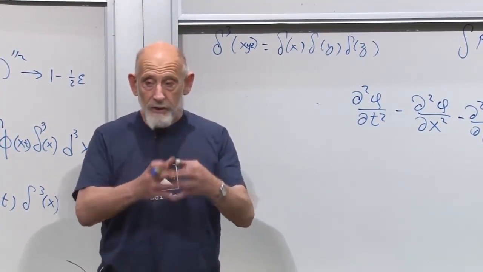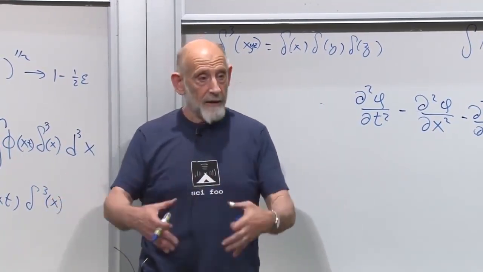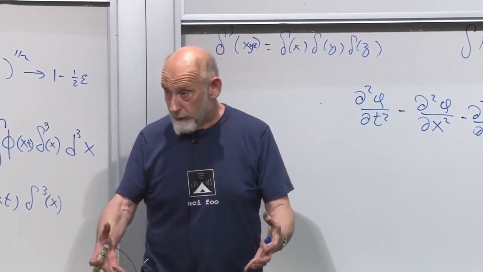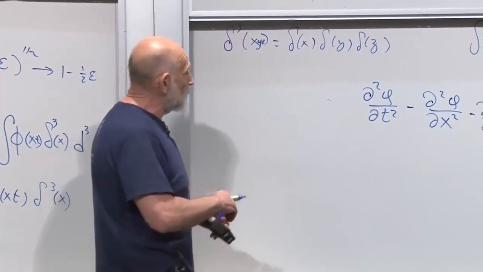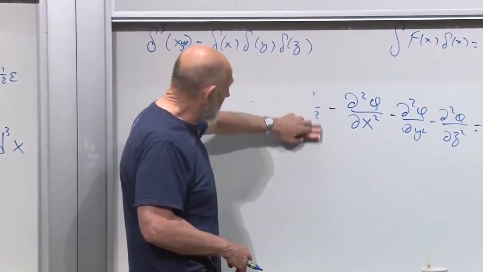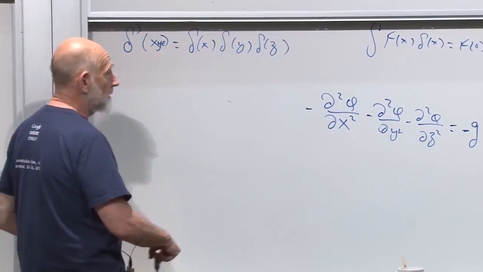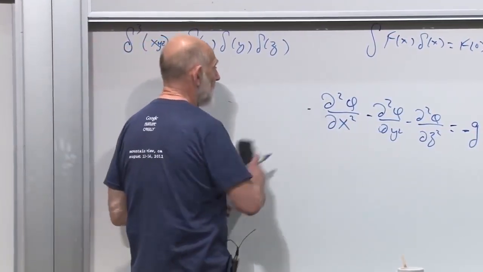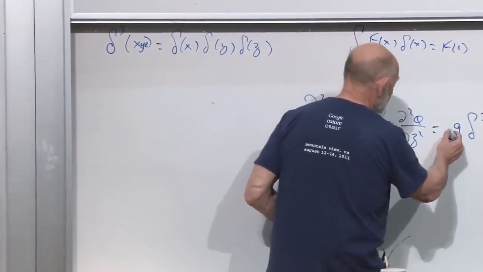Just the effect of the standing still particle affecting the field is likely to make a field which also doesn't vary with time. So we might look then for a solution to this equation in which phi is time independent. That means this is not there. And we can change the sign of everything. Plus, plus, plus, plus.